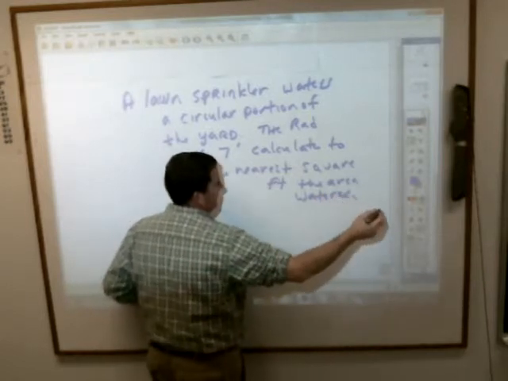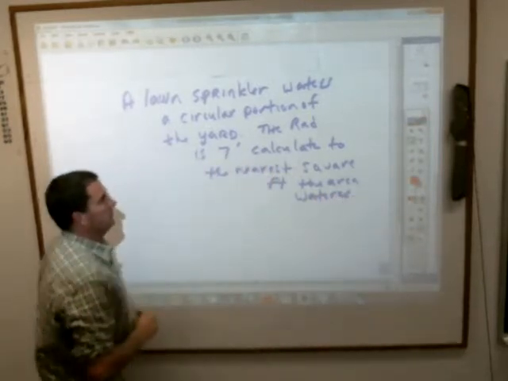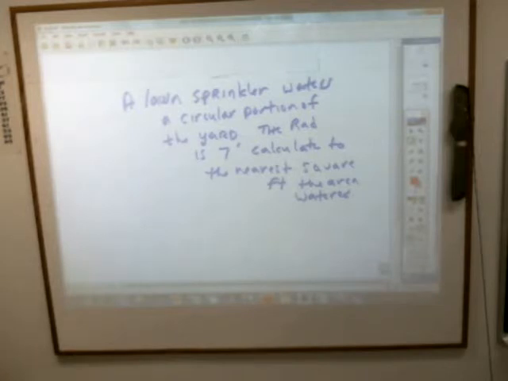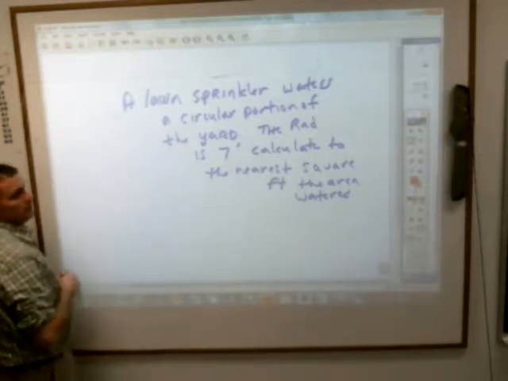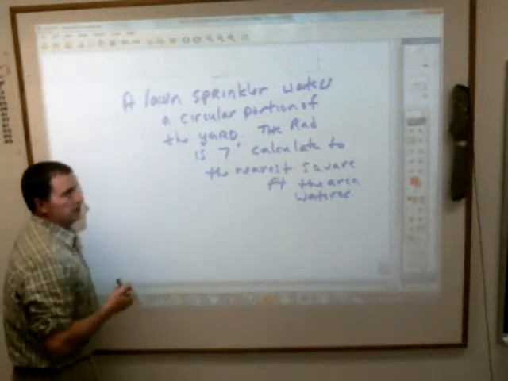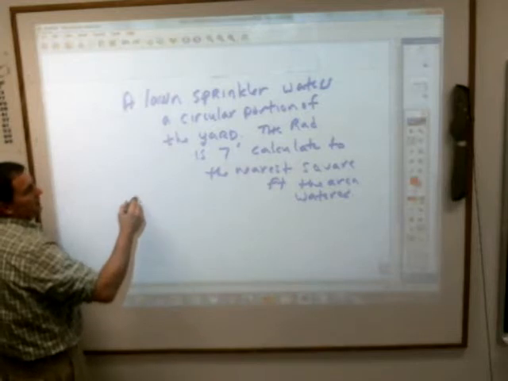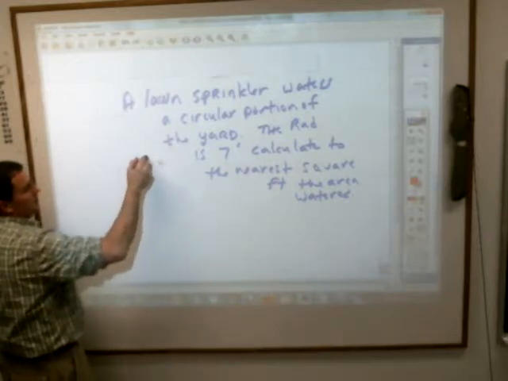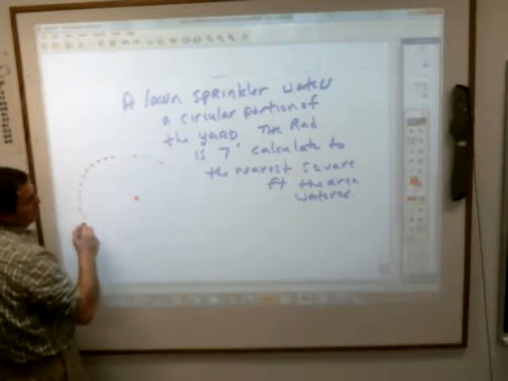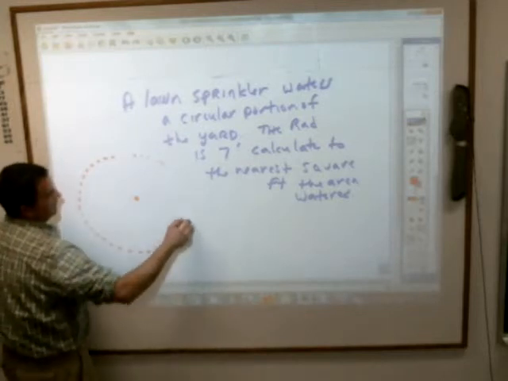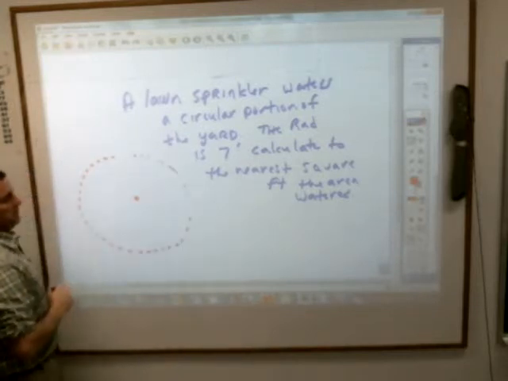And again, obviously the first thing you're going to do is there are a lot of words there that you need to turn into a nice little sketch. If you've ever seen yard sprinklers, that's generally how they work. You've got this little sprinkler head and water shoots out in a big circle. Now they do make other kinds, but generally speaking that is what happens.